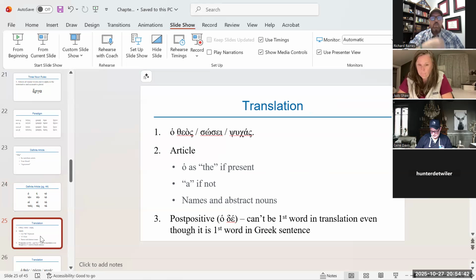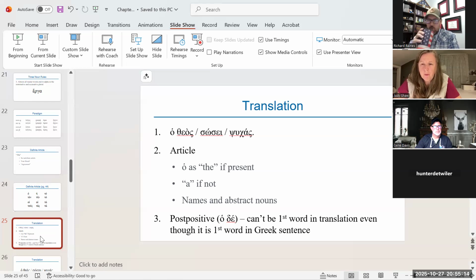So if we saw the sentence ho theos soze sukos, somebody tell me, even if you don't know those words, which one of those words is the subject and tell me why. In the sentence ho theos soze sukos, which word is the subject and why?